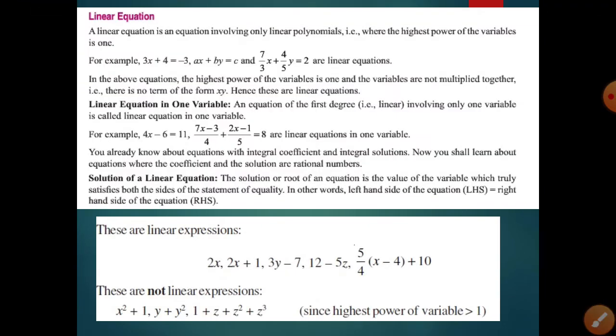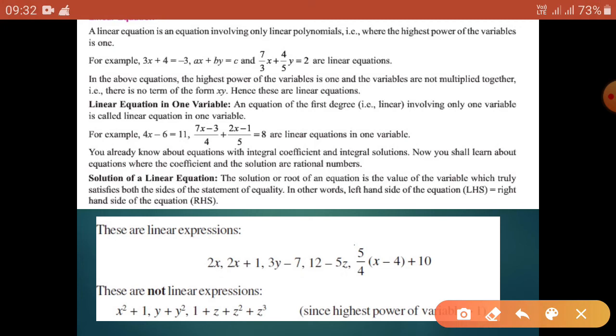Now we will be learning about linear equations once again to give you a better idea. A linear equation is an equation involving only linear polynomials where the highest power of the variable is 1, like 3x plus 4 equal to minus 3.